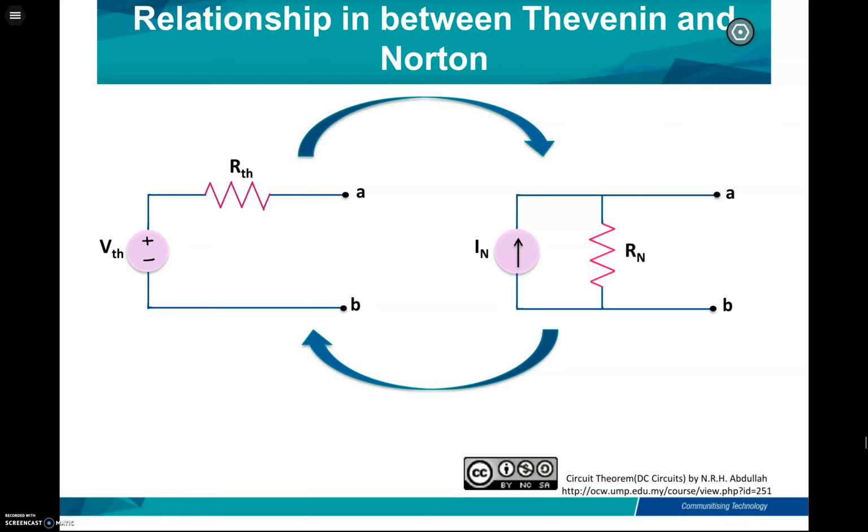We just convert from the Thevenin equivalent circuit to the Norton equivalent circuit by using the formula of source transformation.